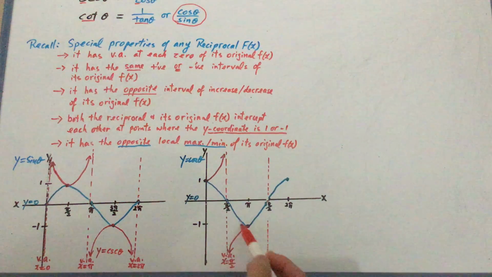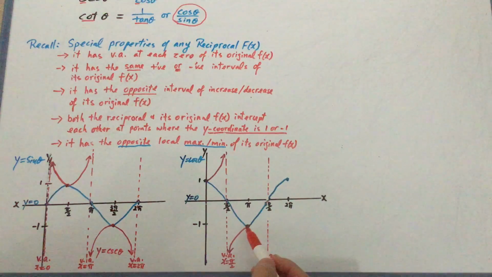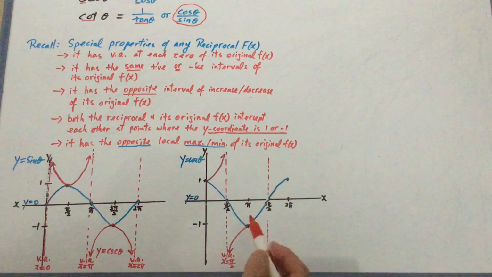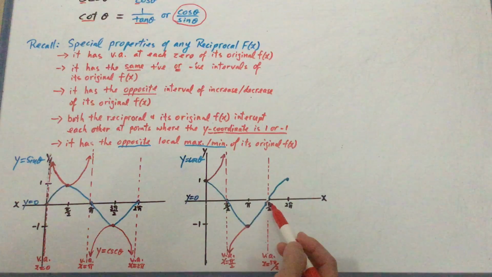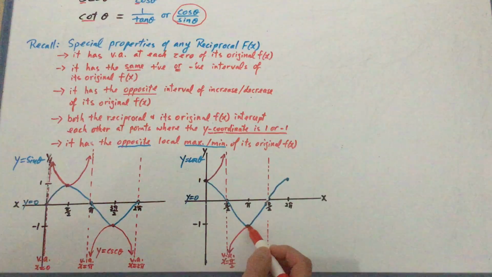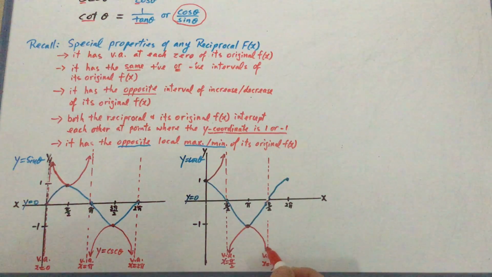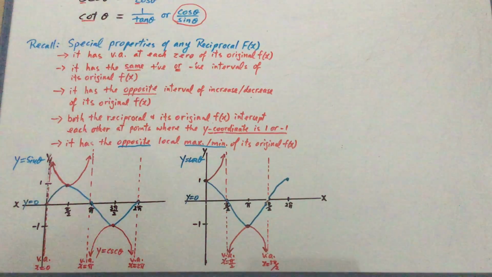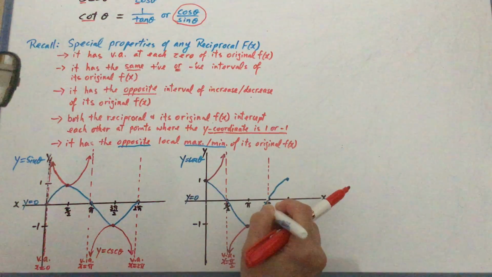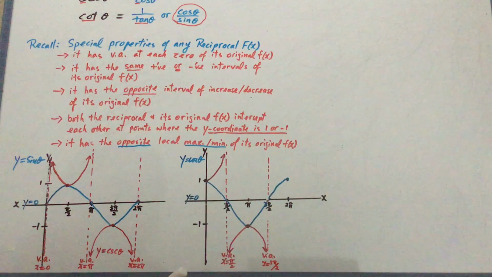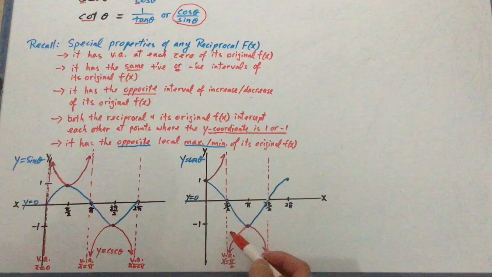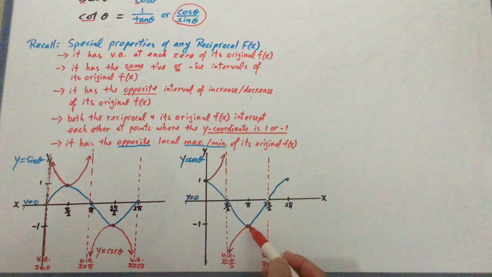Okay, and because this is a local min, now it becomes a local max by continuing with the reciprocal, where this part between pi and 3 pi over 2 is where the interval of increase is, so I'm supposed to have the opposite, an interval of decrease approaching the vertical asymptote as well. Okay, so this is 3 pi over 2 over here. Okay, so they are below the x-axis. So interval of decrease, so interval of increase.